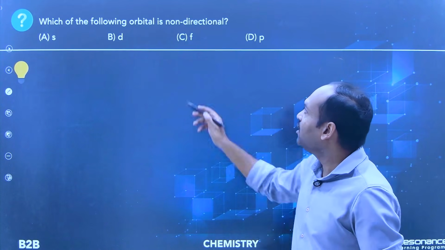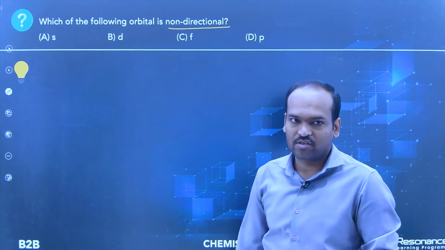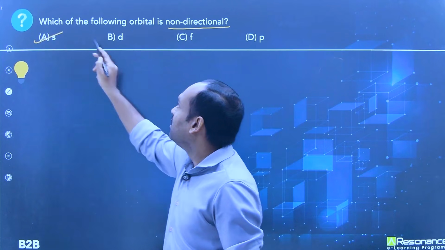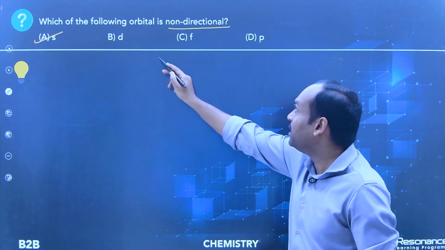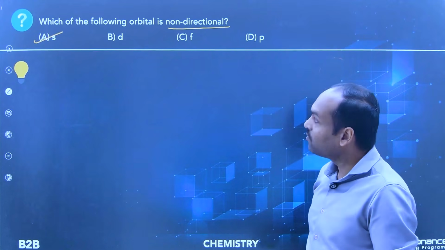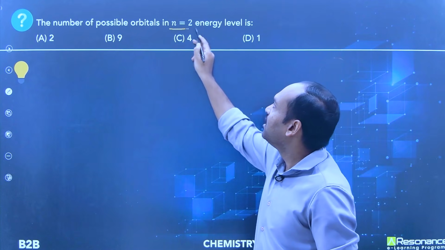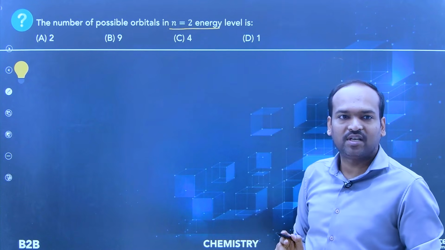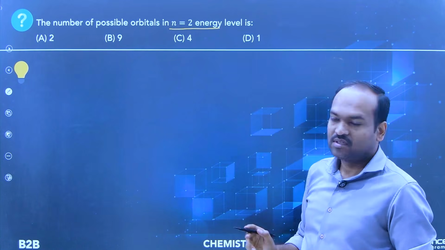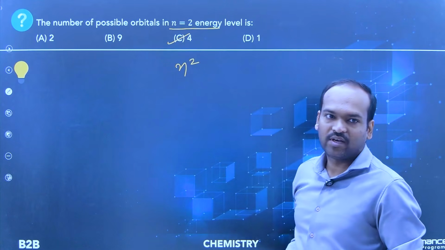Which of the following orbitals is non-directional? S orbital. P orbital is dumbbell, f is leaf-like structure, d is double dumbbell shape. Number of possible orbitals in n equals 2 energy level: 4, the formula is n square.